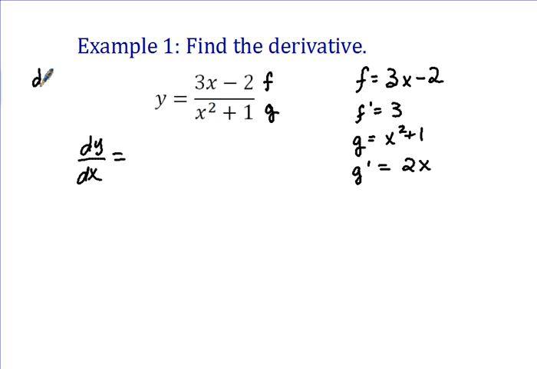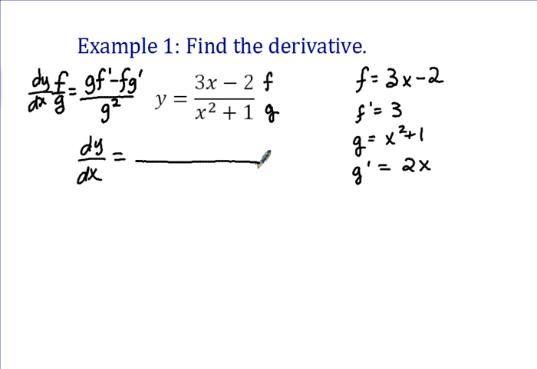Let me write my rule again up here so we can reference it. The derivative of f over g is equal to g f prime minus f g prime over g squared. So I'm going to start with g times f prime.